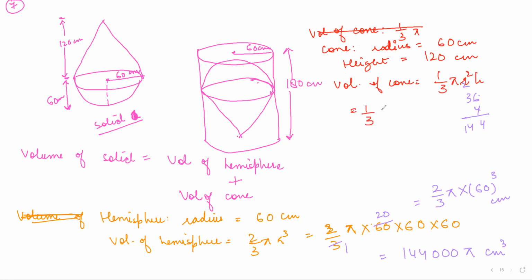So 1 upon 3 pi, again radius is 60 whole square and height is 120. You leave it like this, 60 whole square. Is that okay?